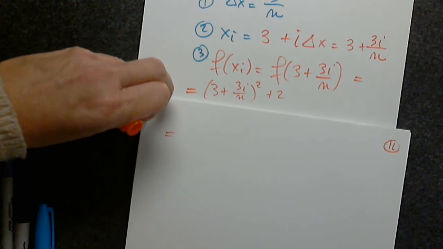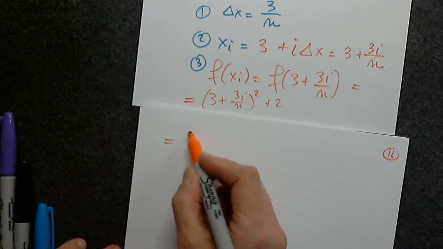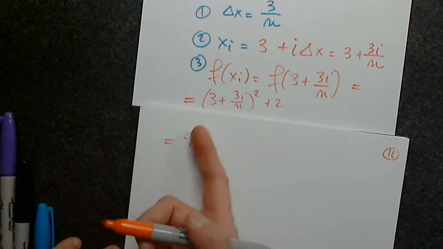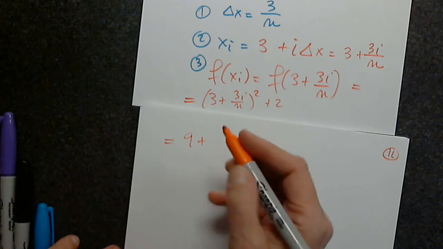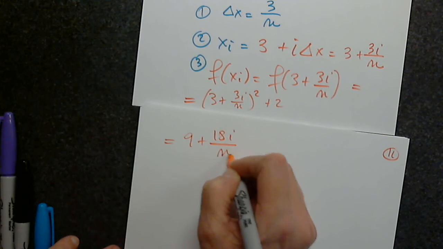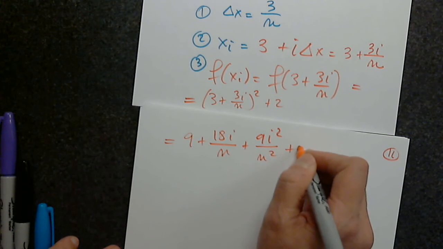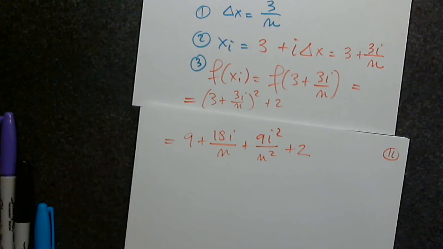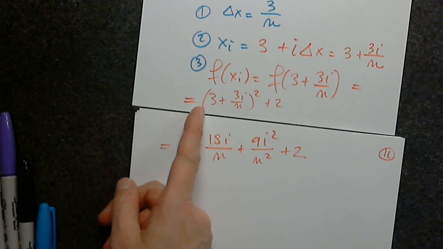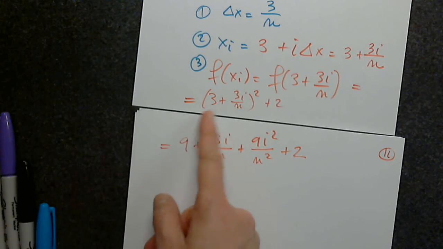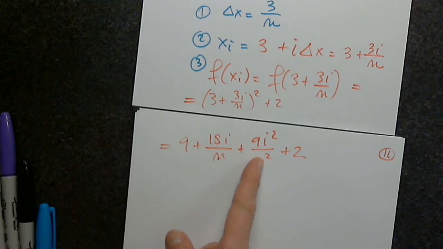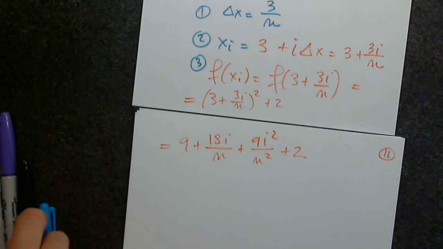Good. So then I square: 9 plus 2 times the first times the second, 18i over n, plus 9i squared over n squared, plus 2. So when I square a binomial, I get 3 terms. The first term squared plus 2 times the first times the second plus the second term squared, and plus 2.